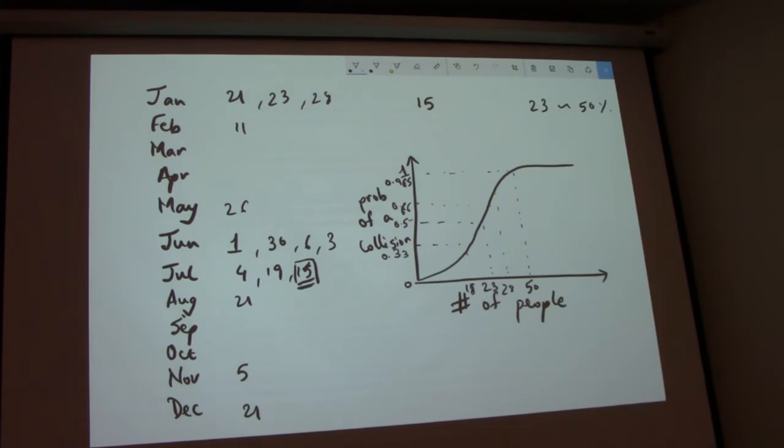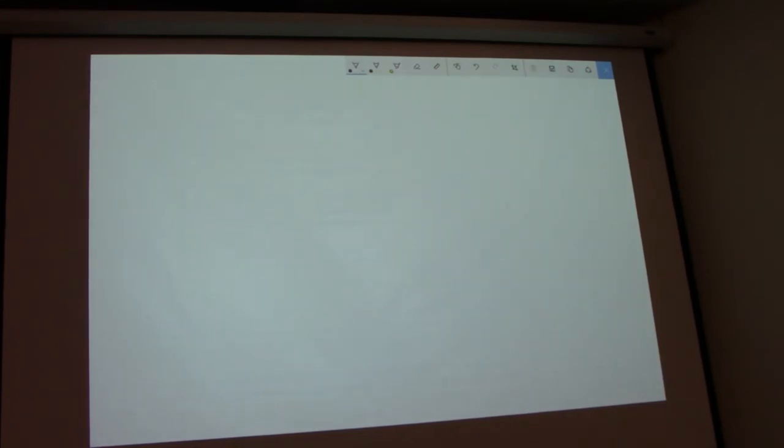And a third of the time, I'll need fewer than that. Today was one of those instances where we stopped before we even reached 18. And a third of the time, it'll actually take more than 28 people, right? So let's analyze this mathematically and see if we expect some values like this.